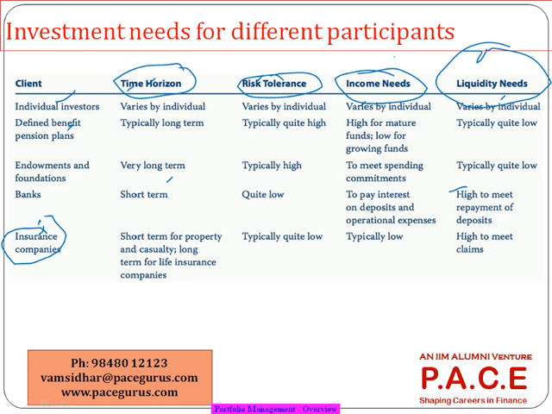So their income needs are typically much lower, but the liquidity needs should be much higher, because if they have to meet a claim, they should be able to cancel that investment, pull out the money, and immediately make the settlement. So from a liquidity standpoint, any investment they are doing, they need to look at the high liquidity need.